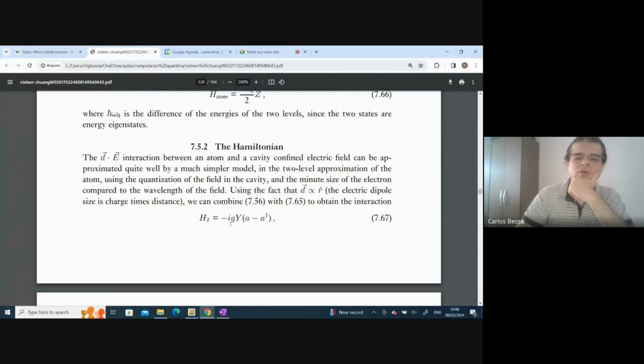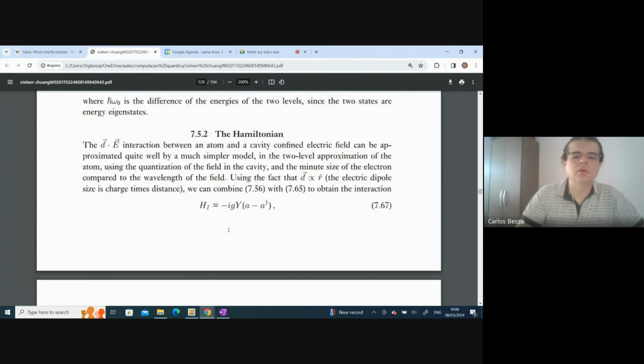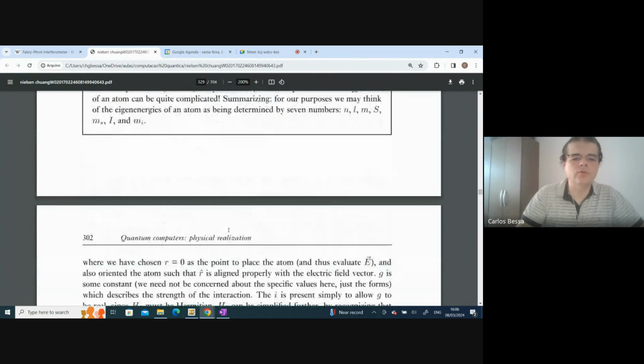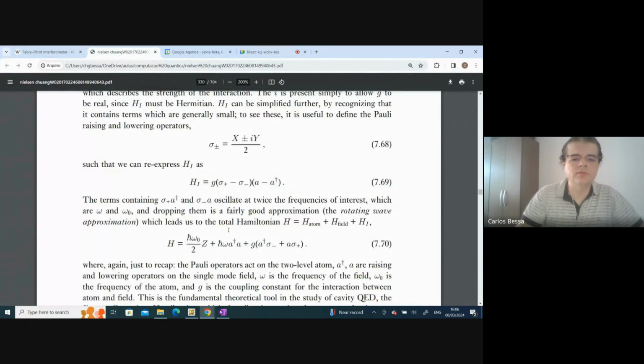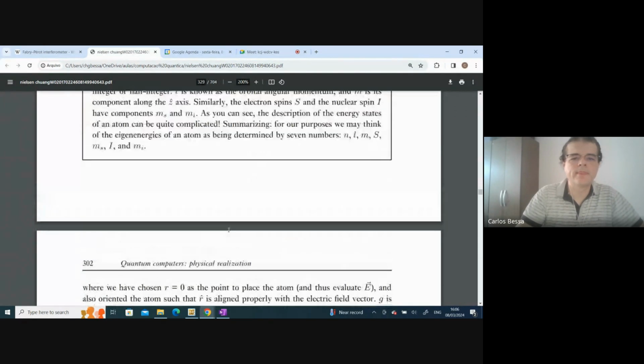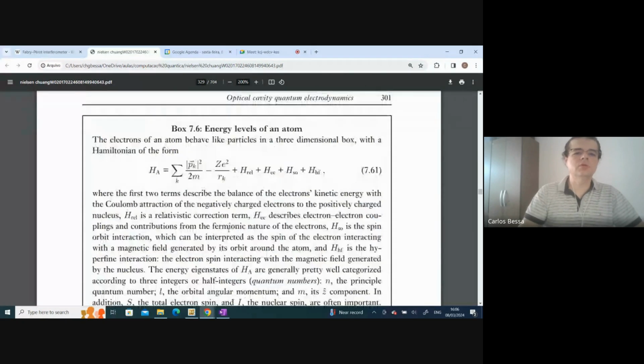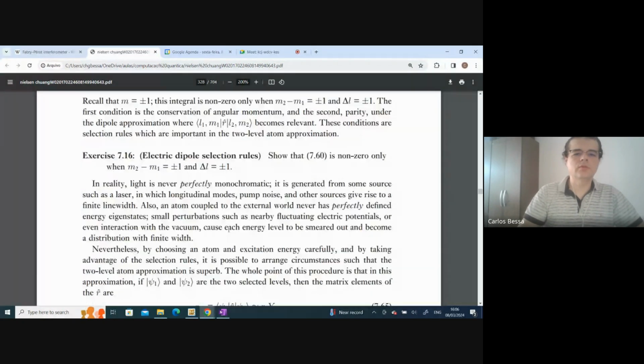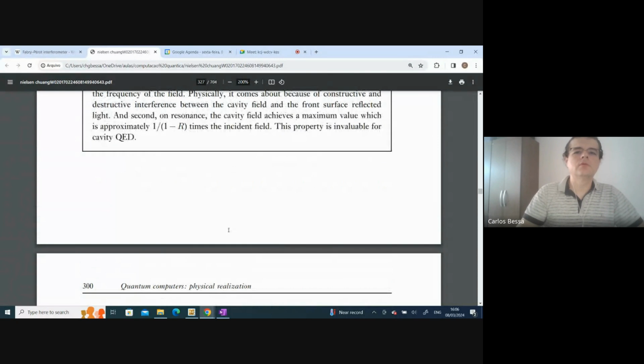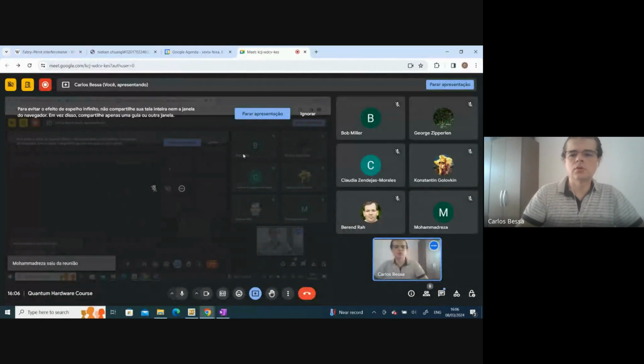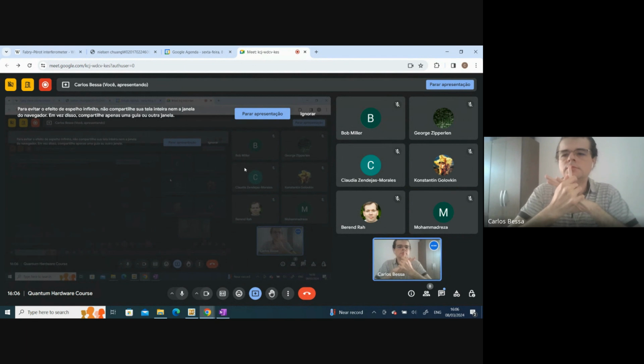We define a Hamiltonian for interaction, and we have a model for quantum computing. But okay, questions? Comments? No, no comments here.